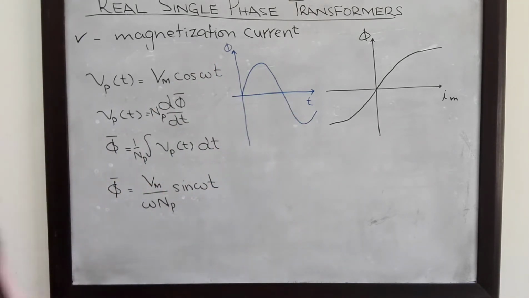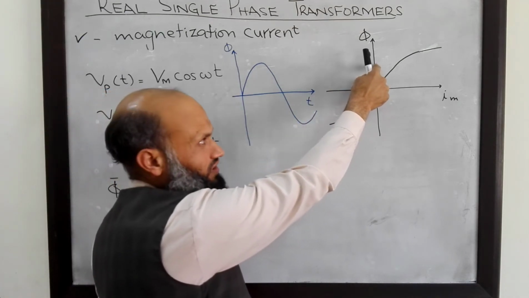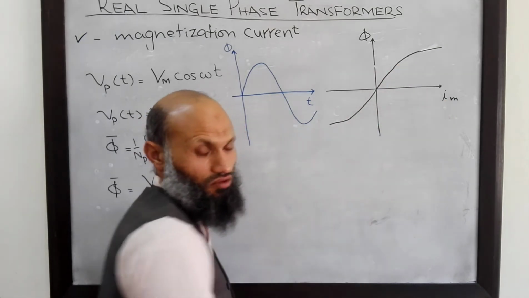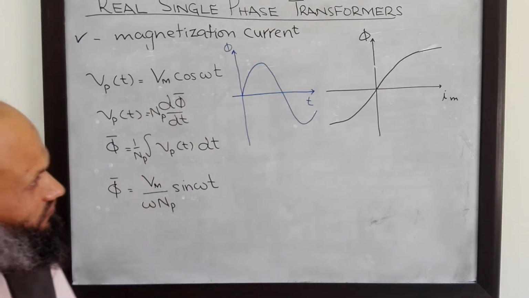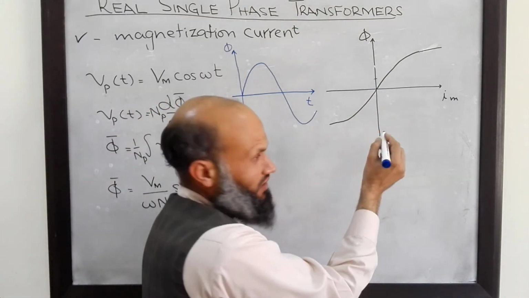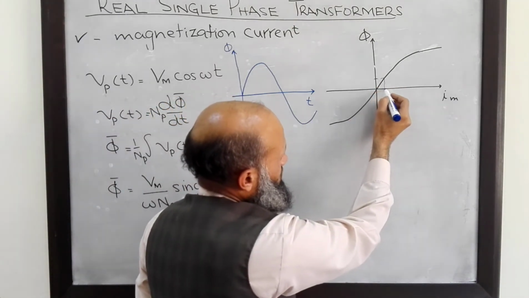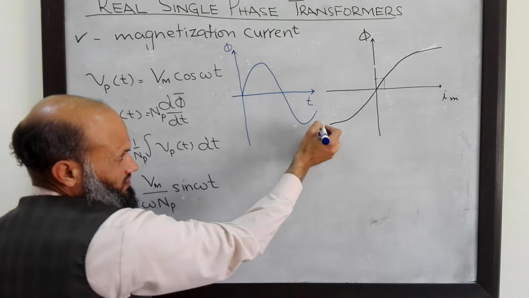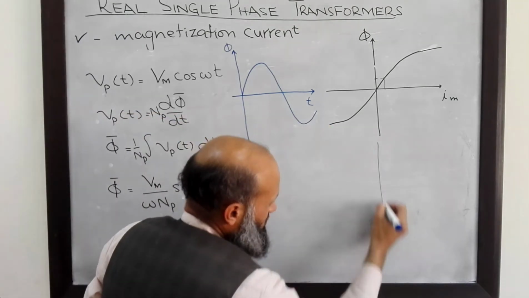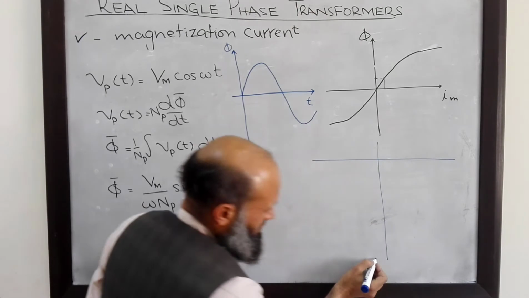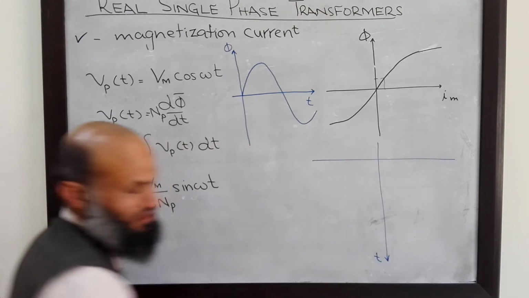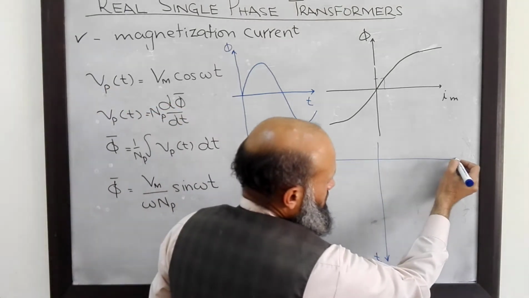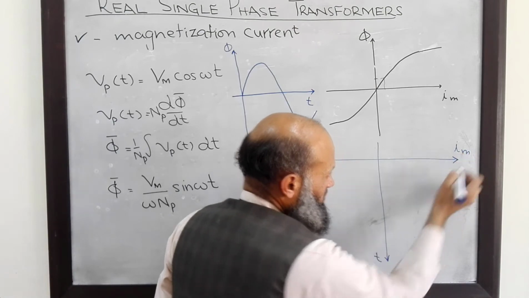If we are given an amount of flux, we can find the corresponding value of the magnetization current from this graph. For example, if this much is the flux, then this much will be the magnetization current. So for this flux, we can have a sketch of the magnetization current. This is now the time axis. You can plot it in different ways, but this is somehow more convenient.